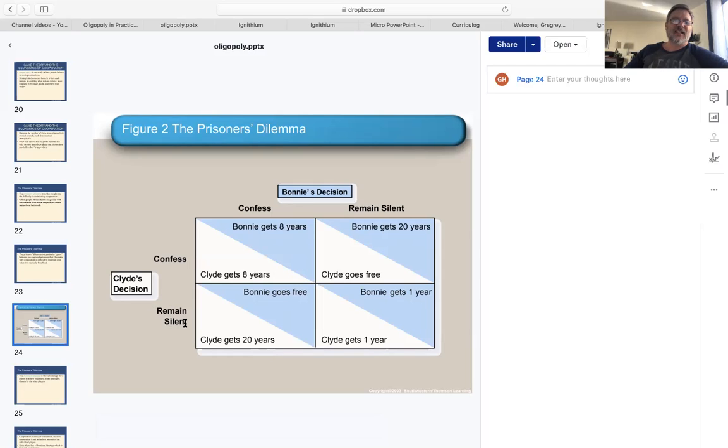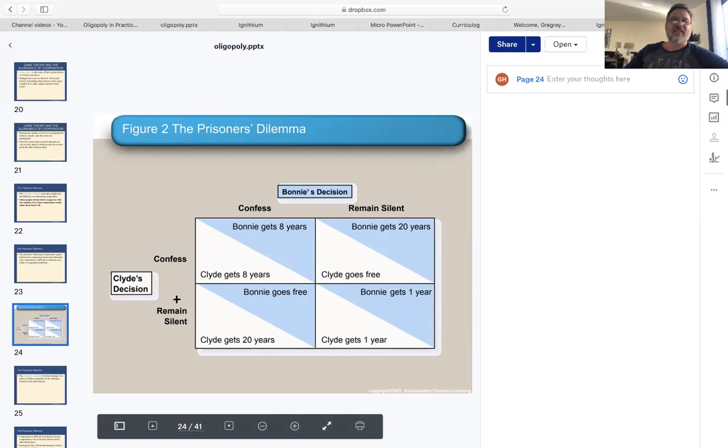And so obviously, if one person confesses, that's good for that person. But if the other person doesn't say anything, then the prosecutors go after them really hard with all the evidence they got from their co-conspirator.